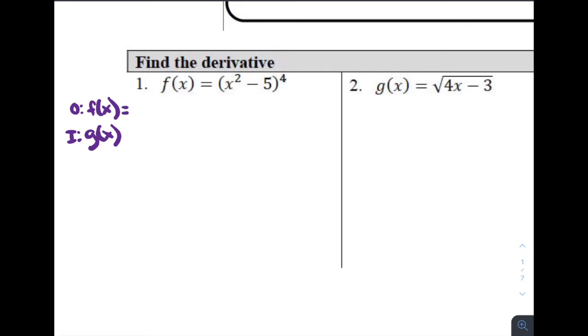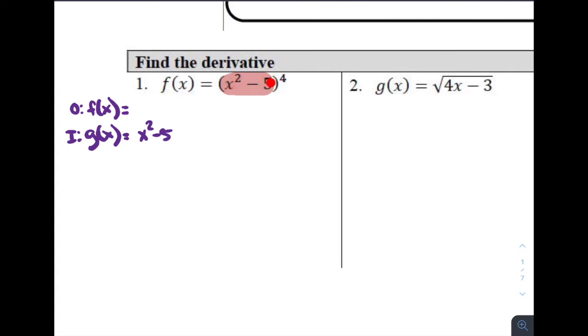Here is how I would set this up, at least for the first couple times that you are doing it. So what's the inside? We've got these parentheses here, and x squared minus 5 is our inside function. But what is the function on the outside? We have this inside part being raised to the fourth power.